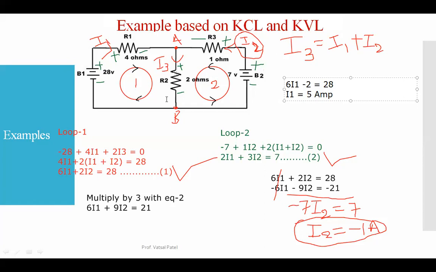If the loop direction which is assigned here is in the opposite direction, what will be the I1 and I2? What happens if the current loop direction is reversed? Can you tell me?